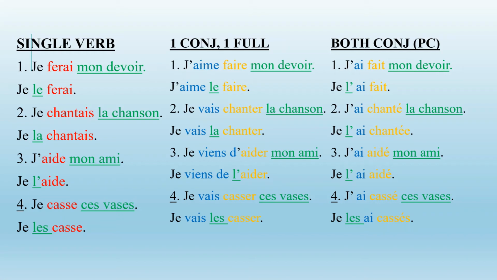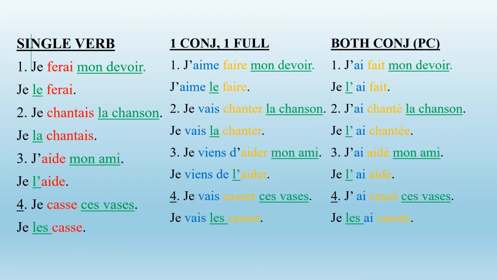Now, look at the second example. J'ai chanté la chanson. Chanson is the object here because the action of singing is being performed on the song. So, it is feminine singular, therefore it has to be replaced by la. It's a passé composé sentence, so it has to go before the auxiliary, and la will clash with ai, so it has to become l apostrophe.